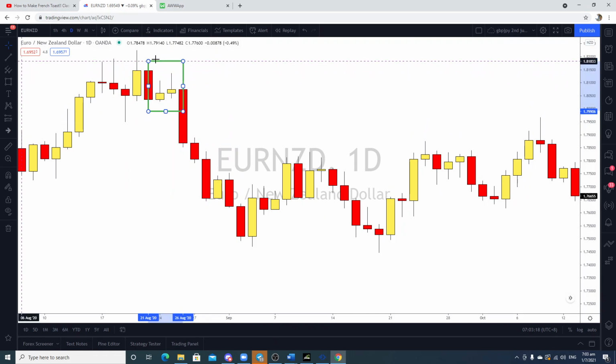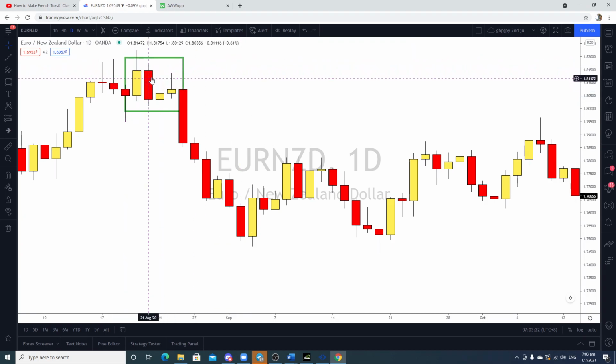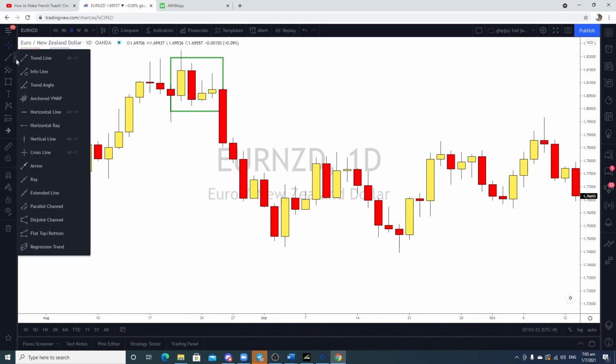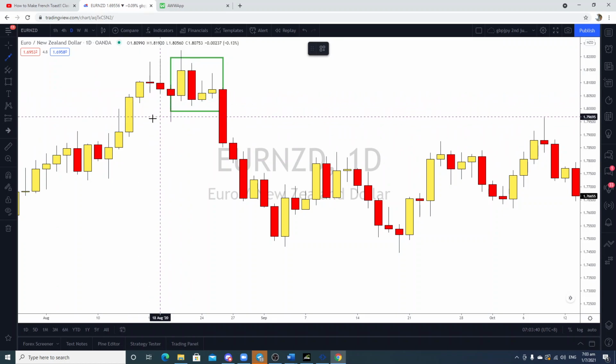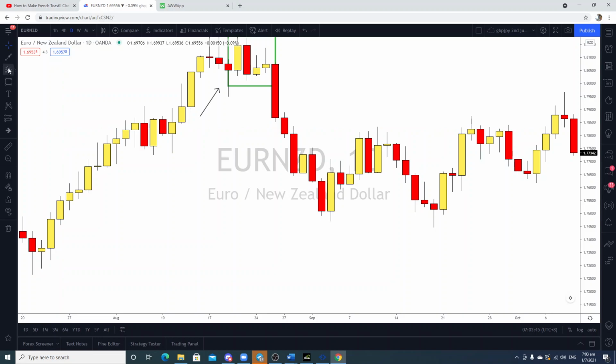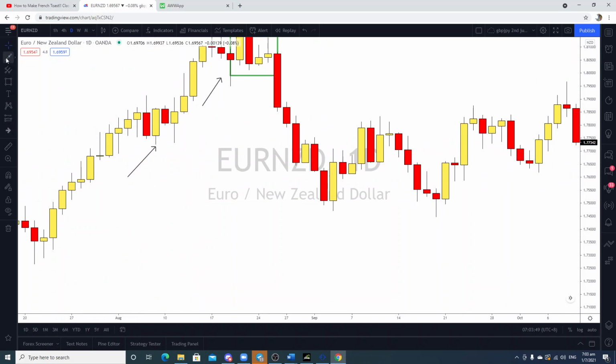This is the mother bar, and this is the inside bar. When the inside bar happens, it indicates indecision. So the most important aspect when you see an inside bar is you need to ask yourself what is the trend before it. Previously, before this inside bar is formed, the trend is an uptrend. You can see that very clearly. The trend is an uptrend when this inside bar is formed.